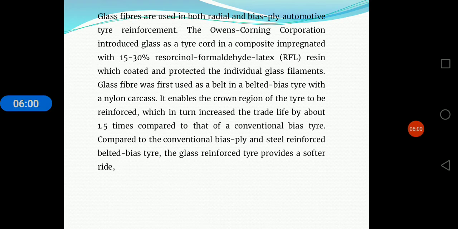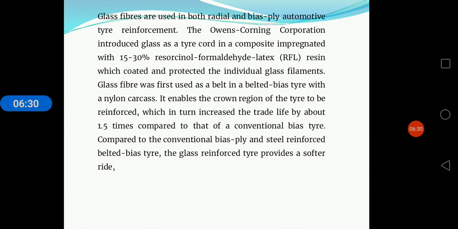Glass fibers are used in both radial and bias ply automotive tire reinforcement. The Owens Corning Corporation introduced glass as a tire cord in a composite impregnated with 15 to 30 percent resorcinol formaldehyde latex resin, which protected the individual glass filaments. The glass fiber was first used as a belt in belted bias tires with a nylon crown.